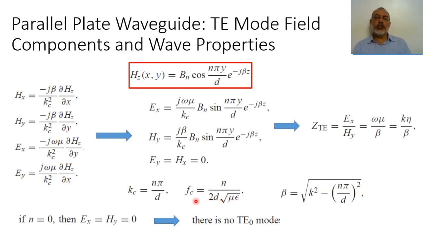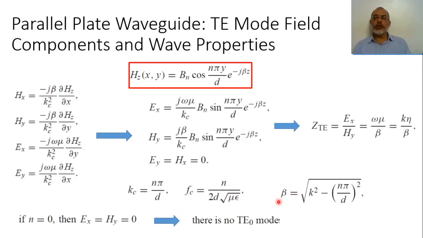It should be noted here that the lowest cutoff frequency is not 0, as in the case of the TM mode. This means that the TE mode does not propagate starting from DC; it should have a higher frequency to propagate.